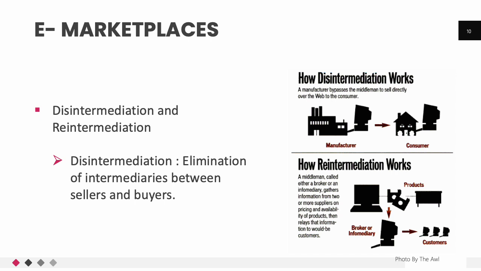To explain this, take Nike shoes: the factory sells to the wholesaler, the wholesaler sells to the retail store, and the retail store sells to you. After disintermediation, Nike sells to you directly via Nike's website.